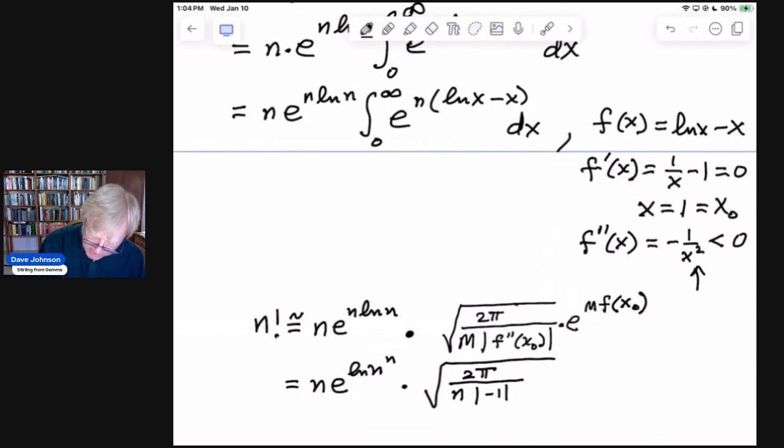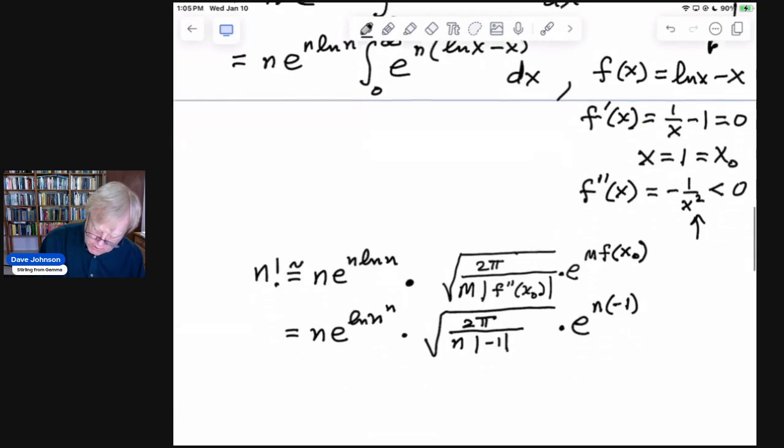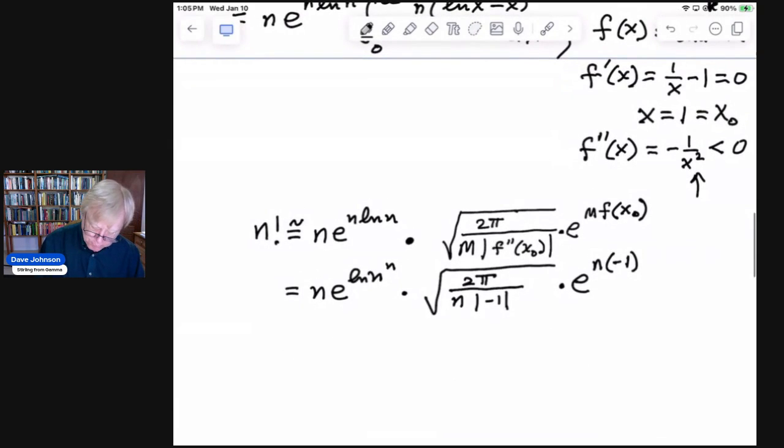So that's the absolute value of -1, which is, of course, 1, times e raised to the n times, now if we evaluate our f of x at x naught, which is 1, ln of 1 is 0 minus 1, so we get n times -1 in that exponent. Okay, we're getting closer.